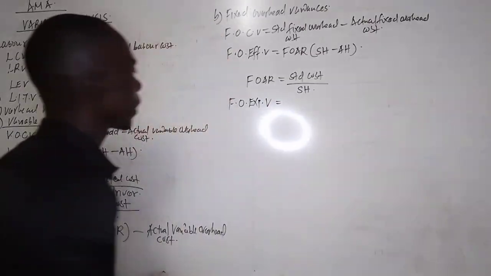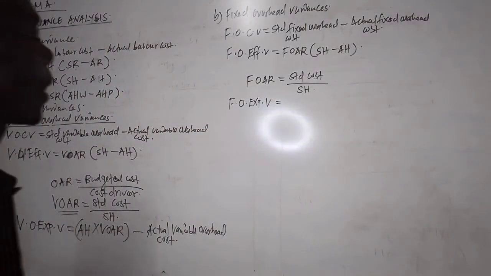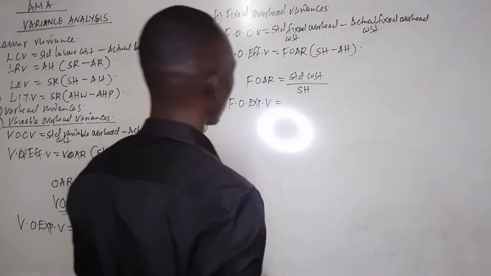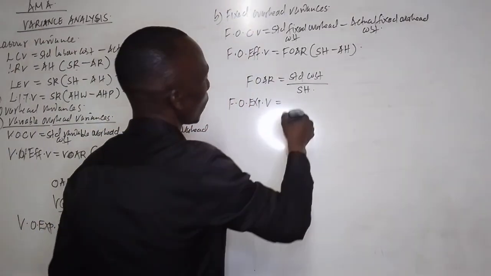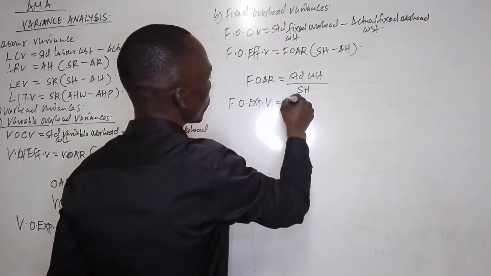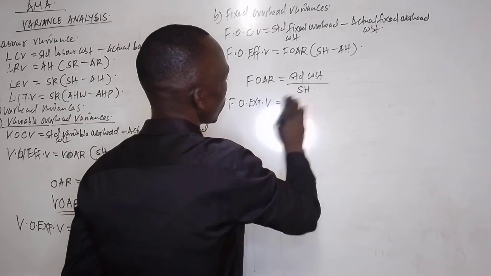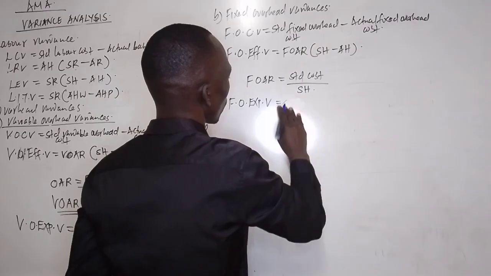The last one is the fixed overhead expenditure variance. How are you going to get it?